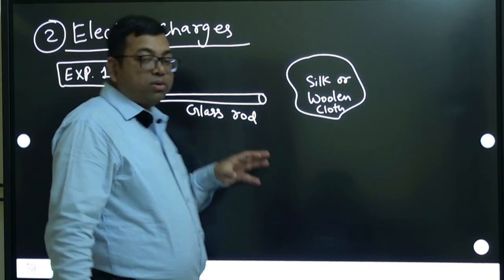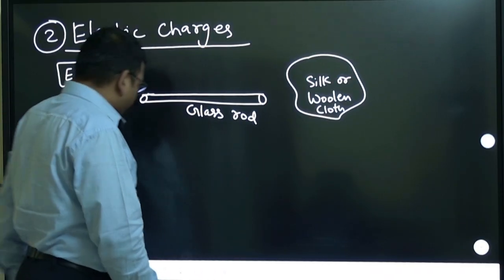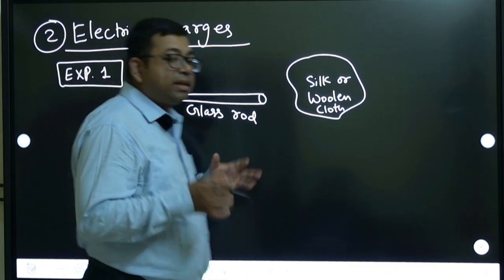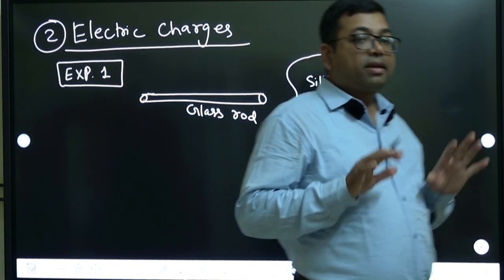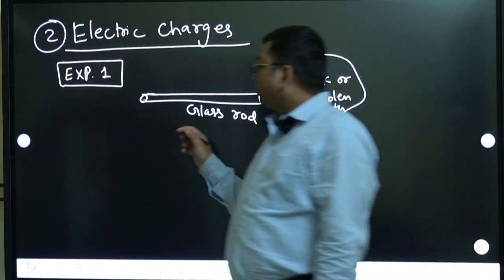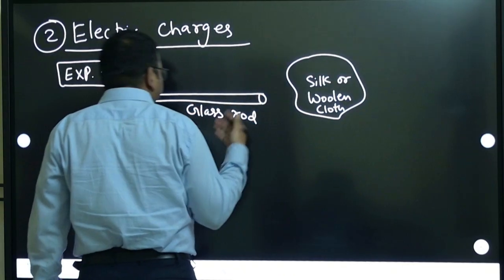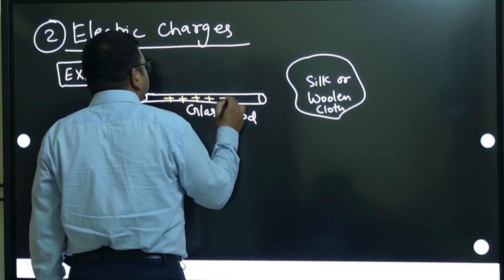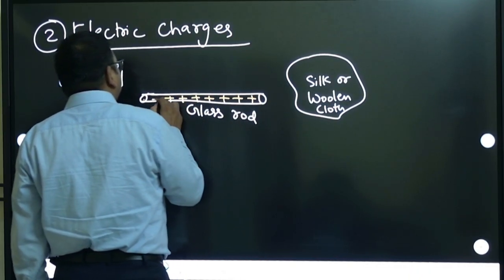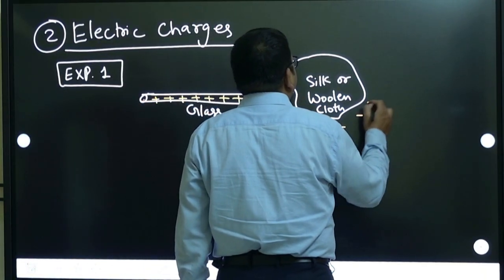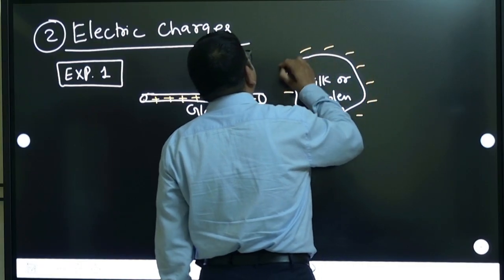Then it was found that some kind of charges are developed. Of course, the type of charges they later fixed by convention, which we know right now. So they said that the glass rod develops a kind of charge that they have noted as positive, and silk develops negative charge.